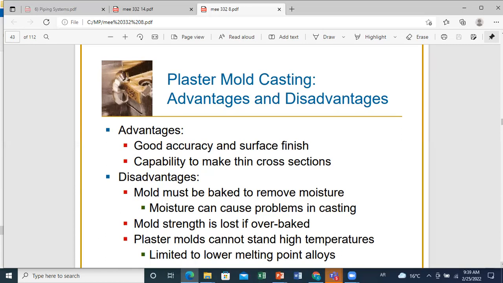So whenever you bake your mold, it should be very well studied, because you should remove the moisture without overheating. The plaster molds cannot stand high temperatures, so they are limited to lower melting point alloys. This is another limitation. We cannot use them with any type of alloy.